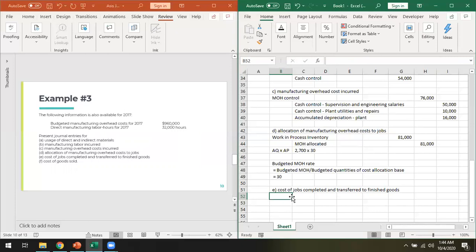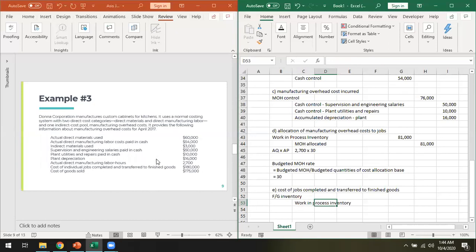So the debit will be finished goods inventory, and the credit is work in process inventory. How much work in process inventory is converted into finished goods inventory?